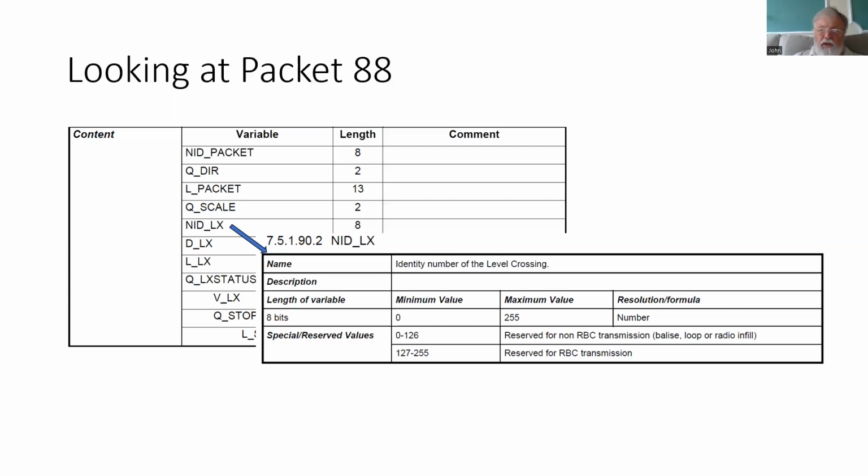If the onboard receives an identity of, say, 128 from a balise group, then the normal behavior will be to reject the message as being not in accordance with the language, and this may lead to a trip or a service brake intervention or other reaction. This does mean that once you have decided whether a level crossing is going to be managed using packet 88 sent by a balise group or the RBC, you cannot mix the two together.